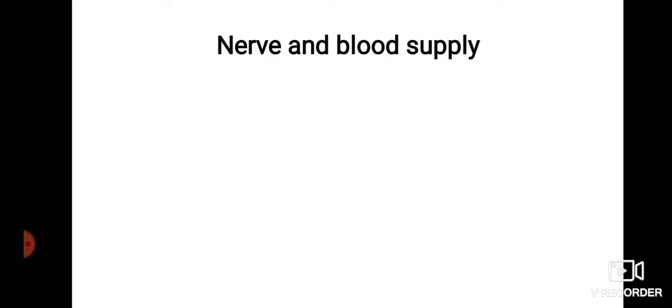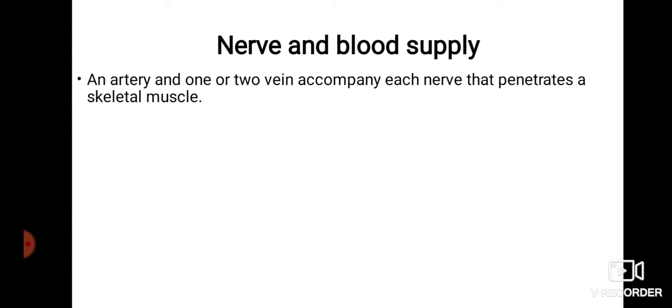Next, now we see the nerve and blood vessel entry and their supply in the skeletal muscles. An artery and one or two veins accompany each nerve that penetrates a skeletal muscle.